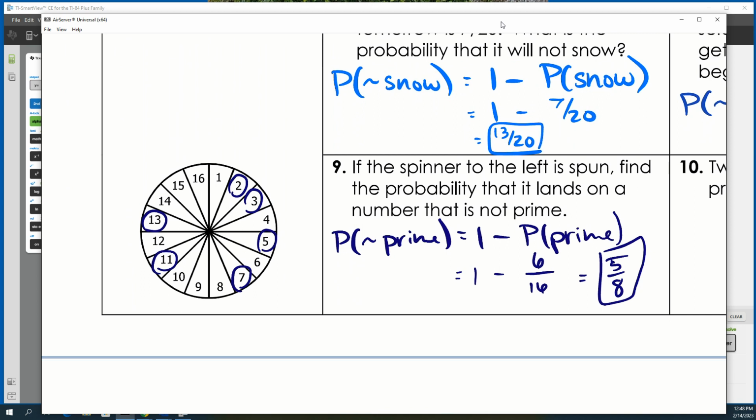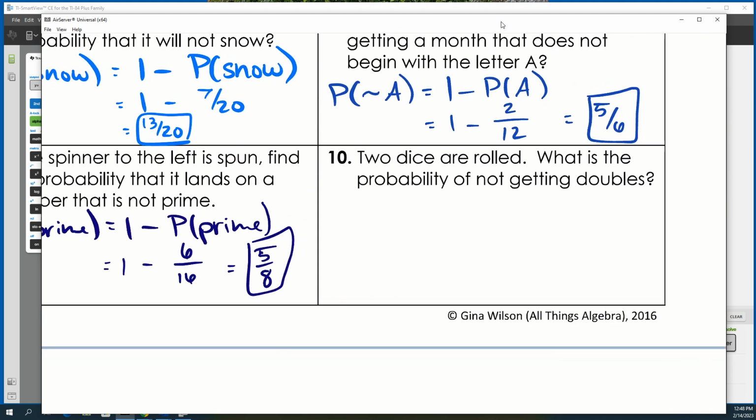And this last one uses the dice question again. We want to find the probability, with these 2 dice that are rolled, of not getting doubles. So it's going to be 1 minus the probability of getting doubles.